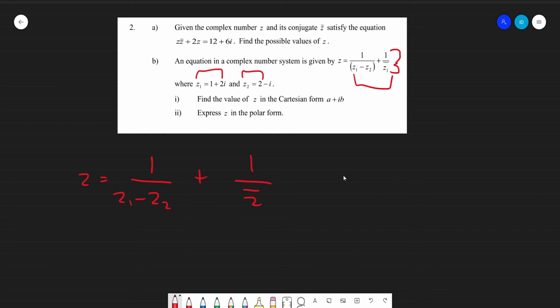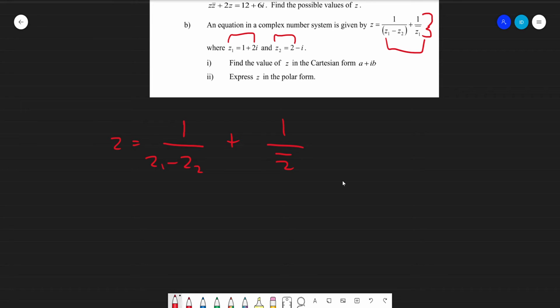Now we can combine this to become a singular fraction. We multiply, so z1 bar plus z1 minus z2, over z1 bar times (z1 minus z2).